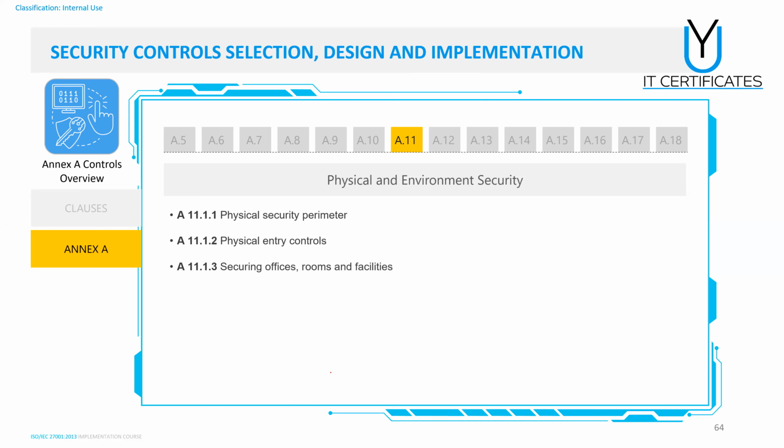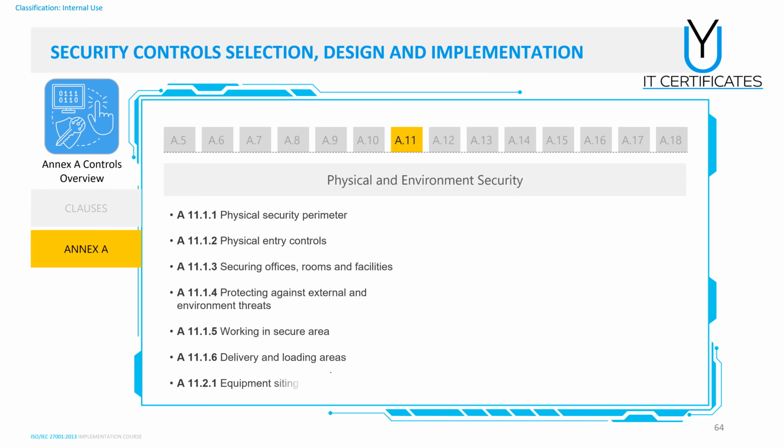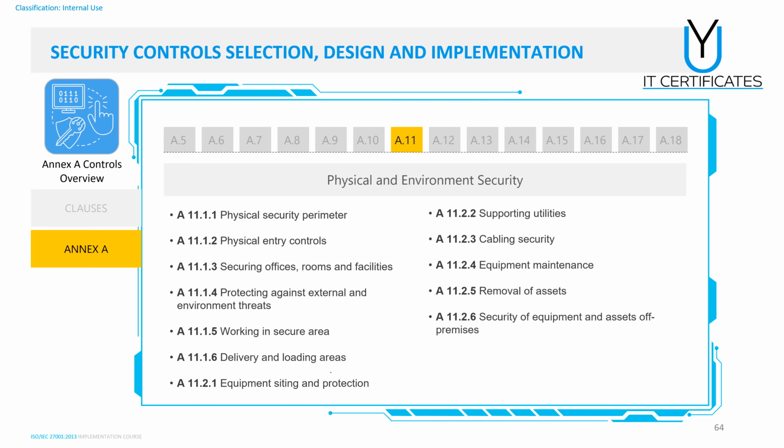As for the building, for example, we may need fences, we may need lights, we may need access controls, security guards, CCTV, motion detection, and so on. These are the things related to physical security, plus cabling security as well.